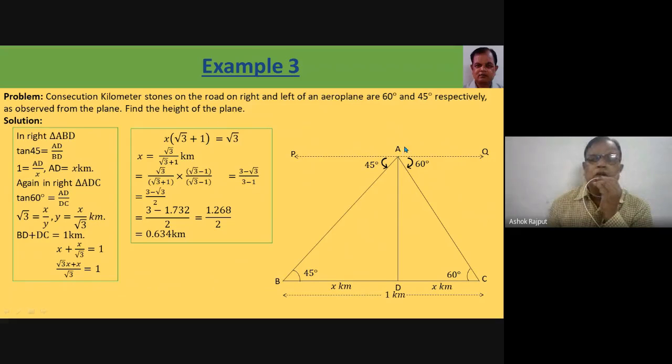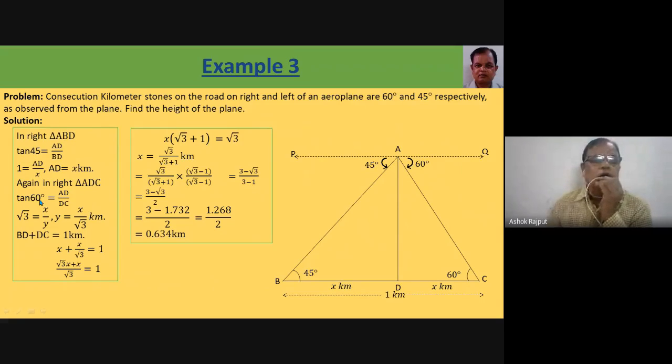We want to find the height, as shown in the figure, AD. In right triangle ABD, tan 45 degree equal to AD upon BD. Here should be degree sign also. Now we can write tan 45 degree, its value is 1, so 1 equals AD upon x, AD equal to x kilometer.